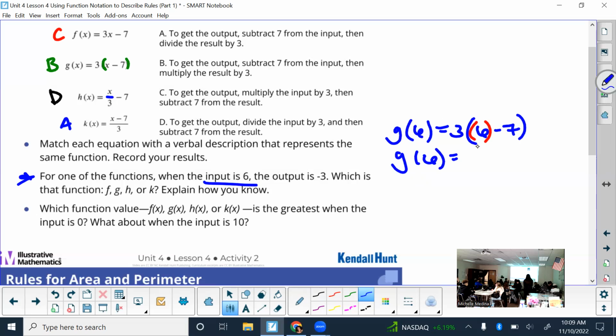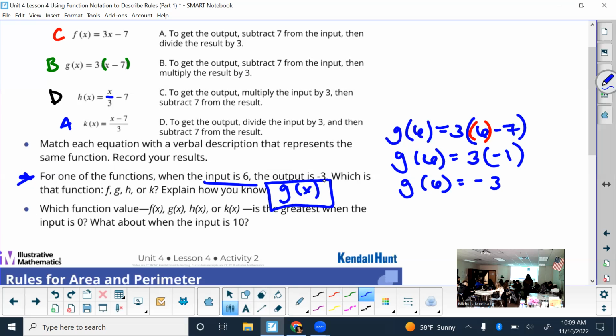What do you do first? So what's 6 minus 7? -1. And then what's 3 times -1? -3. So I think we found our answer. It is the G of X. All right, but let's see why we might have thought it was something different.